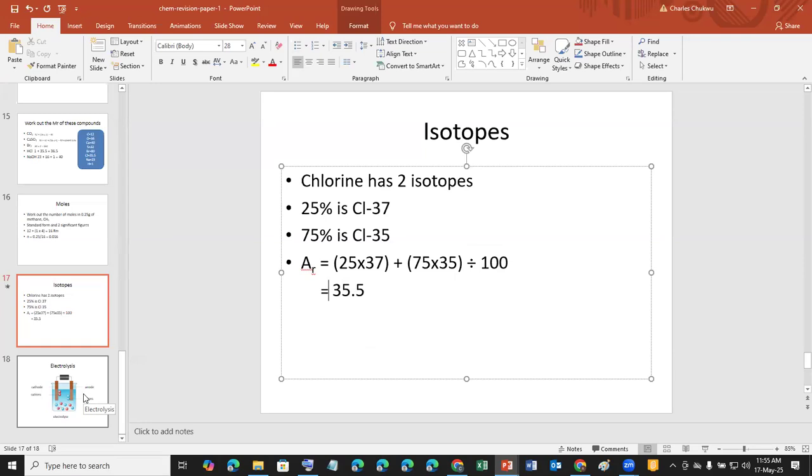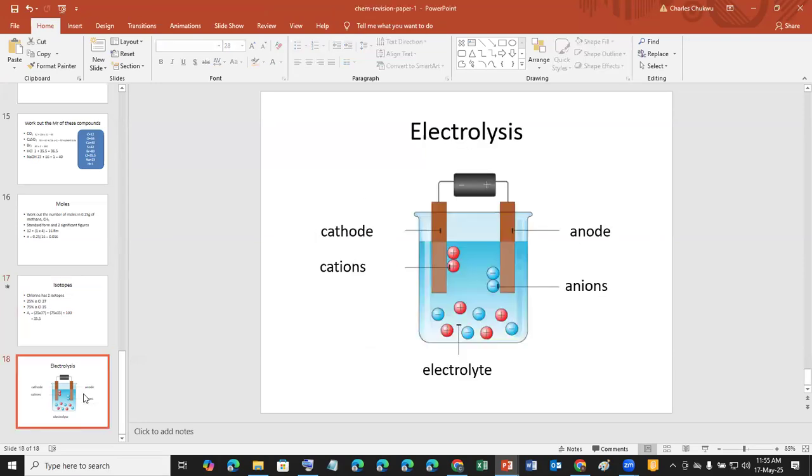Yes. Okay. So this is just the same diagram we saw for electrolysis, just showing you what's happening. Imagine a solution made up of positive ions, the red ones, and negative ions.